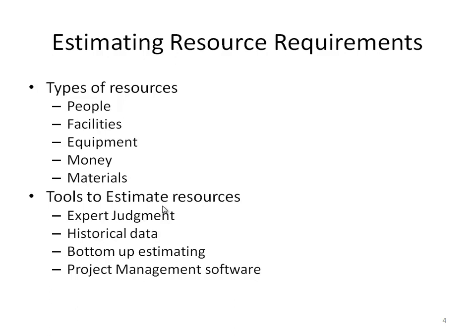There are lots of tools and techniques that can be used to estimate the resources needed to accomplish a certain task, such as, again, expert judgment, historical data, and bottom-up estimating by decomposing activities into a more detailed level. And we can use project management software that can pull the needed resources from a resource pool.